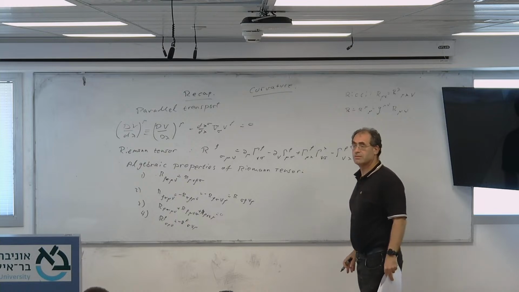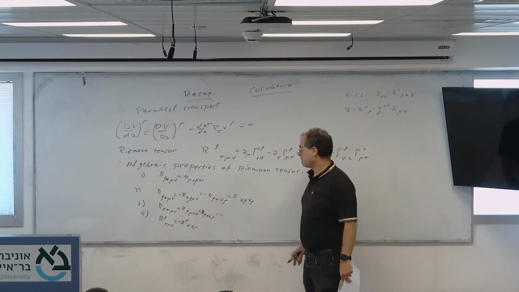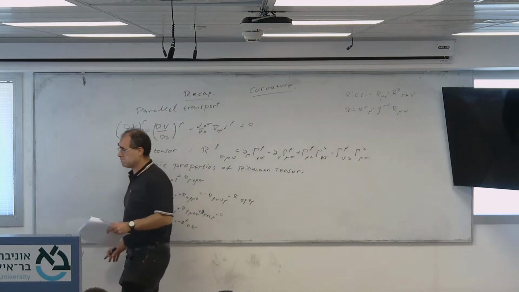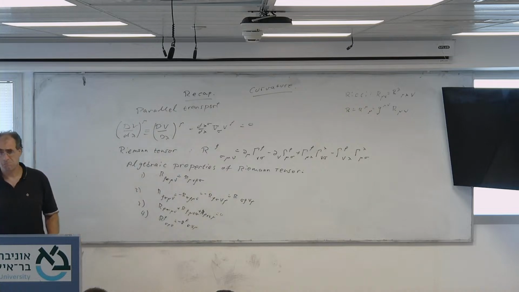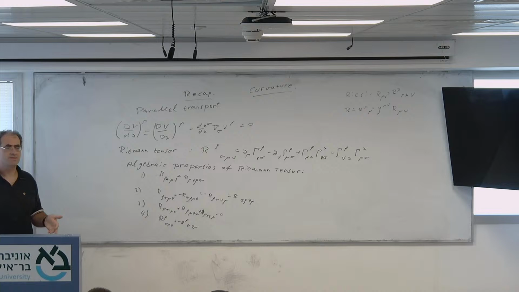To expand the third identity, we have to expand the R in terms of G, to cancel some terms out. I don't think so. Anyway, it's not relevant to what we're going to discuss. If you want to ask more about this symmetry and anti-symmetry, then maybe we can discuss it at the end of this lecture.